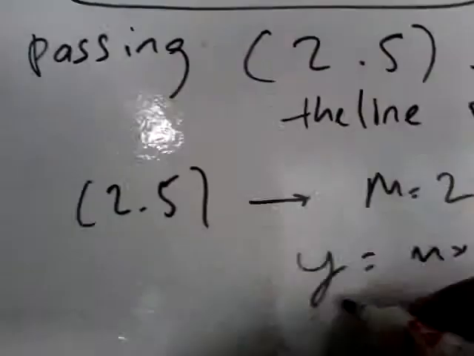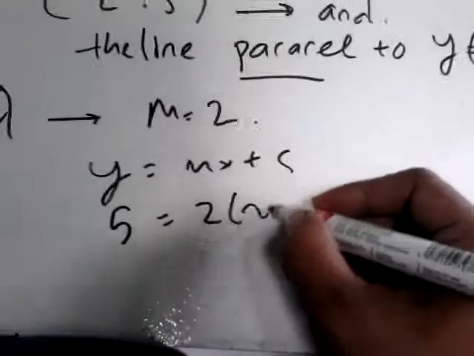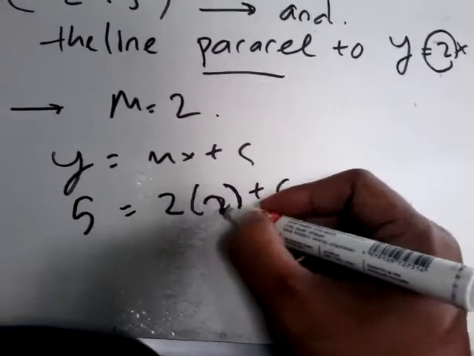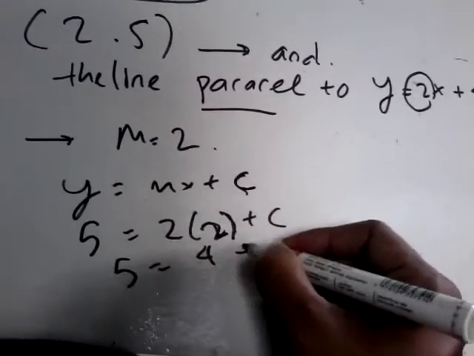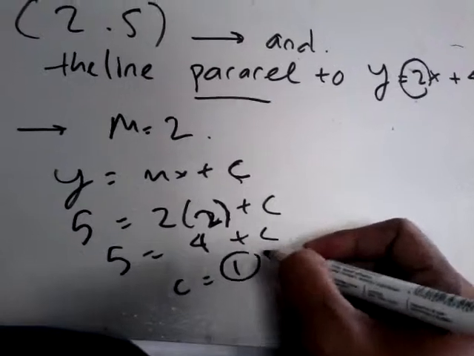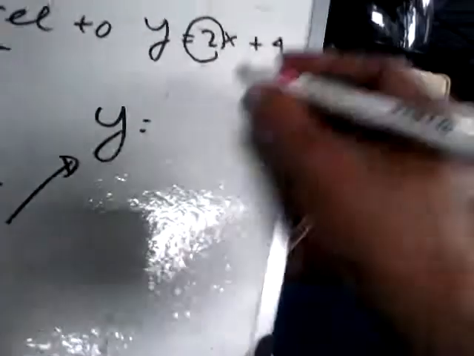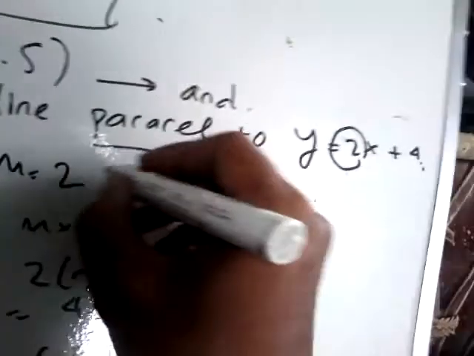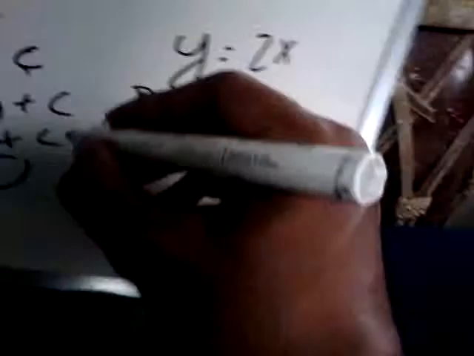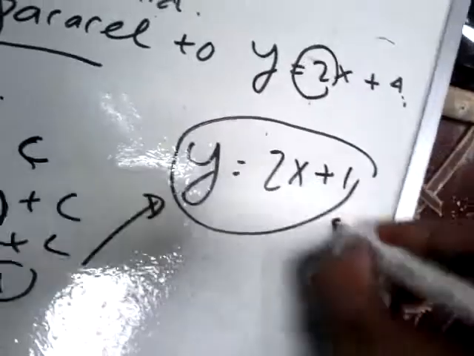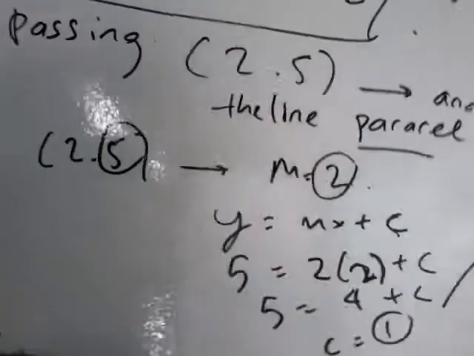So y is 5, put 5 here, m is 2, x is 2, so find the c. 5 equals 4 plus c, c is 1. Then write the equation. The m is 2, right? This is 2x. The c is 1. That's the equation.